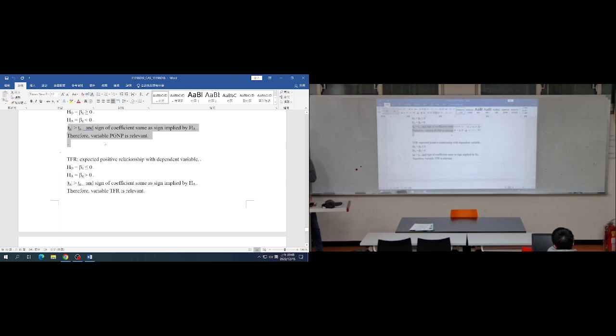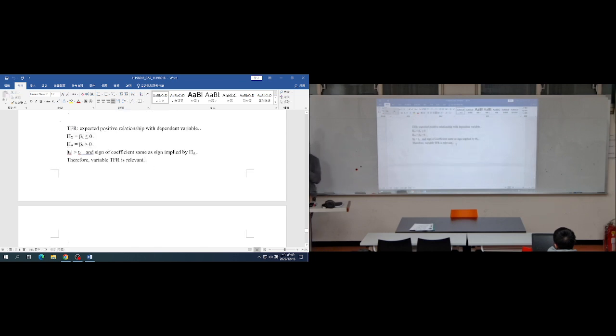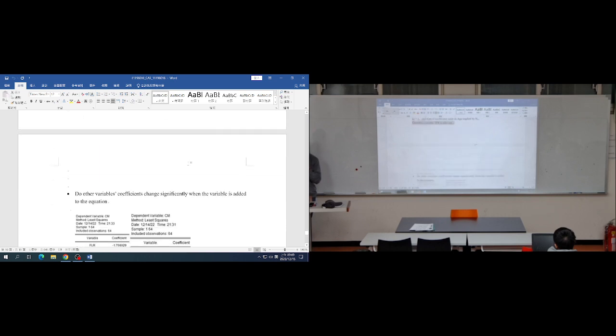Finally, we are good. Variable PGNP is relevant. For TFR, we have the opposite. We expect the coefficient to have a positive relationship with the dependent variable, so to be positive. And here we also get variable TFR being relevant.